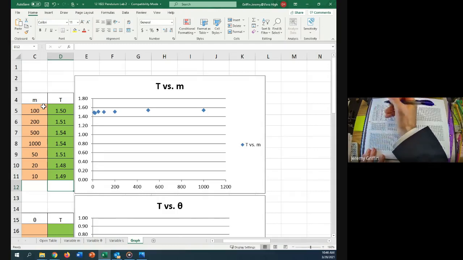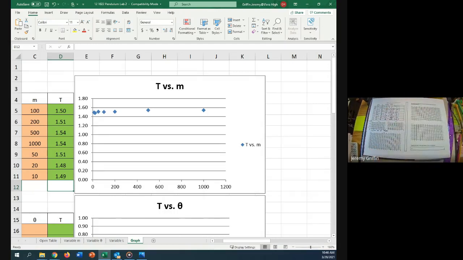Make sure you scale it up to about 1.5 seconds, so 1.0, 1.5, and then the masses scale up to 1,000 grams. Mass in grams, time in seconds.